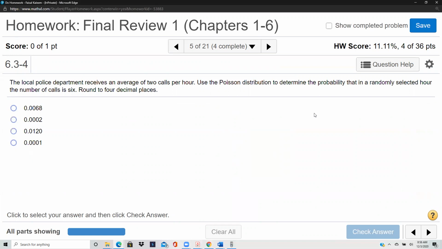Okay, use average of 2 calls per hour. Use Poisson to determine the probability that in a randomly selected hour, the number of calls is 6. So what do we do?